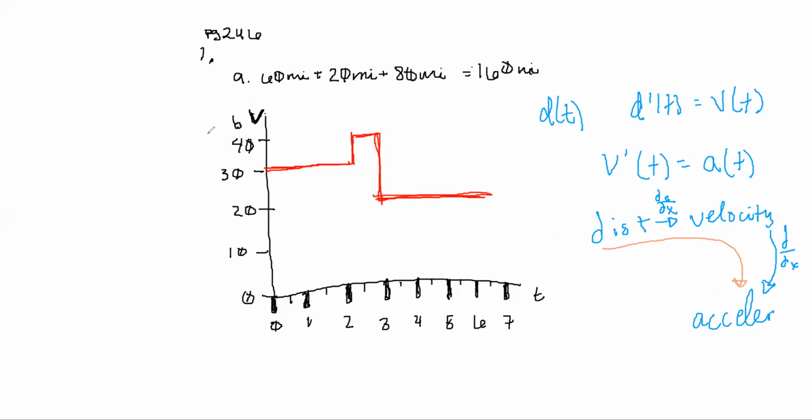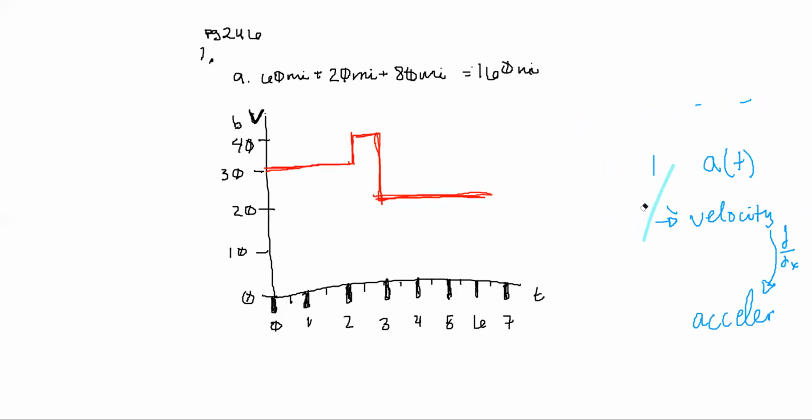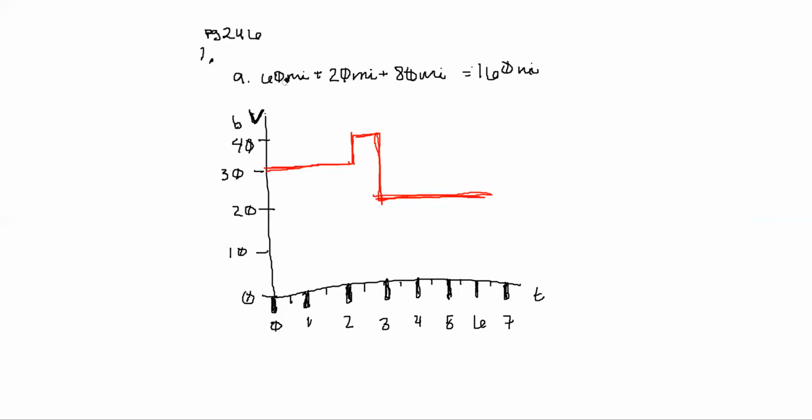Okay, so that being aside, what are we going to do here? Well, we are going to try to go backwards from velocity to distance, because we know that if we take a derivative of distance, we get velocity.